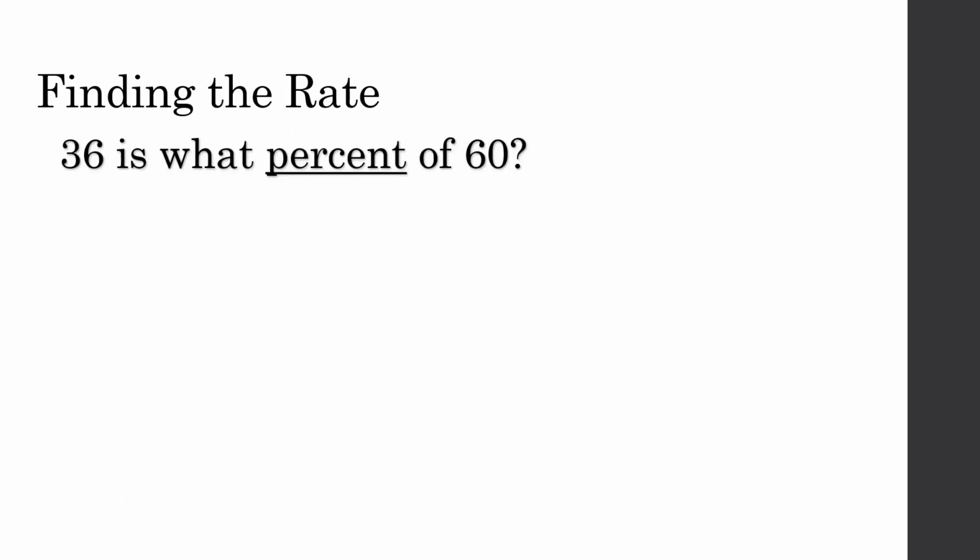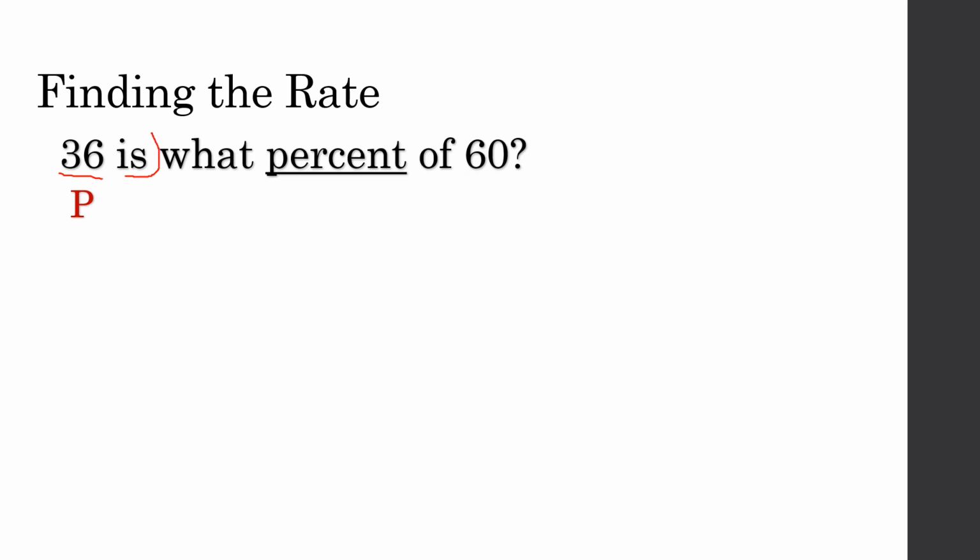Second example, finding the rate. 36 is what percent of 60? So the first step is to identify the elements. 36 here is the percentage. Ibig sabihin, yung 36 na to ay percentage. Bakit?